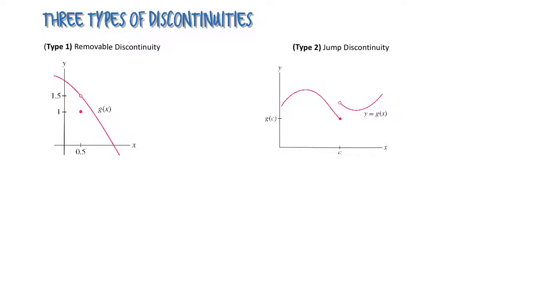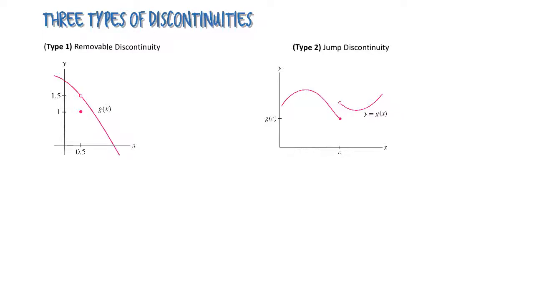Let's go over each type separately so that we can write formally what it means for a function to have a removable discontinuity. In the first graph right here, you notice that this particular graph has a limit at 0.5, nicely, but it is not continuous. In other words, it is discontinuous because the limit does not equal f of 0.5.